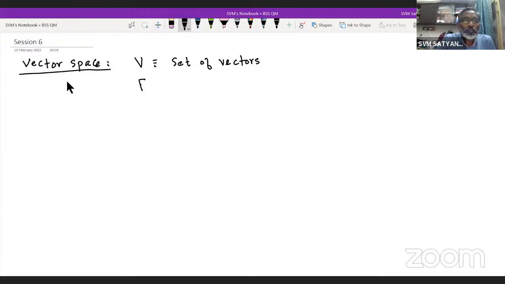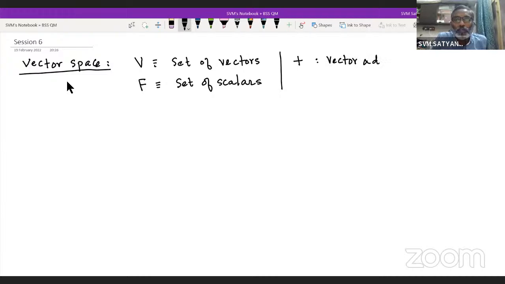And then the second one is the set of scalars. So we have two sets and there are two operations. First one, I will call it plus, and this plus is vector addition. These are two binary operations: vector addition, and then you have a dot, which I will call scalar multiplication.